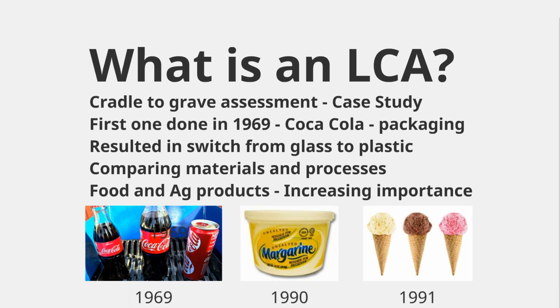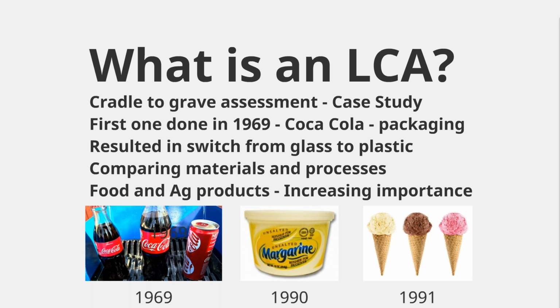So for food and ag products, it's increasingly important for companies and their marketing plans, but also consumers are interested to know what their relative impact is in regards to their food choices on the environment. The earliest food products were margarine, where a full LCA was completed by Unilever of all companies, a big buyer of food products centered in Europe.